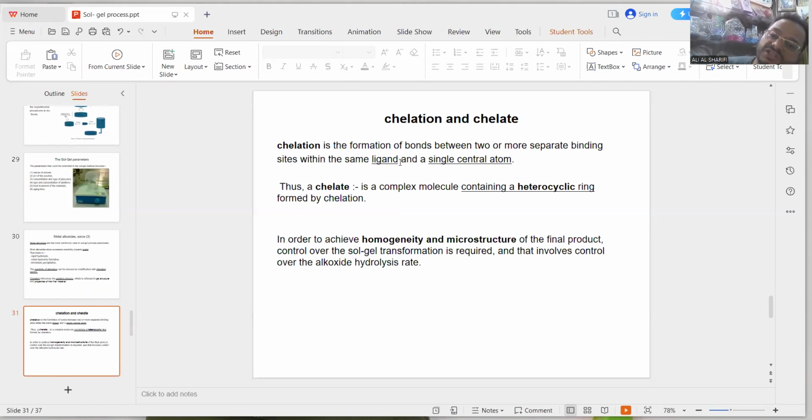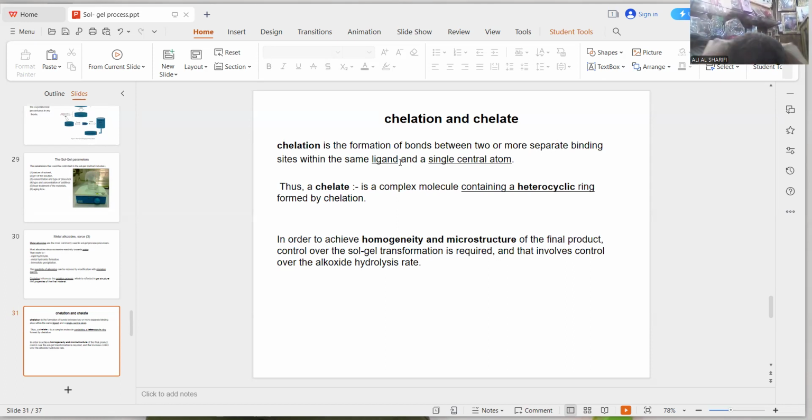Here, let's talk about gelation and gelate. It's simple, important information. Gelation is the formation of bonds between two or more separate binding sites within the same ligand and a single central atom.